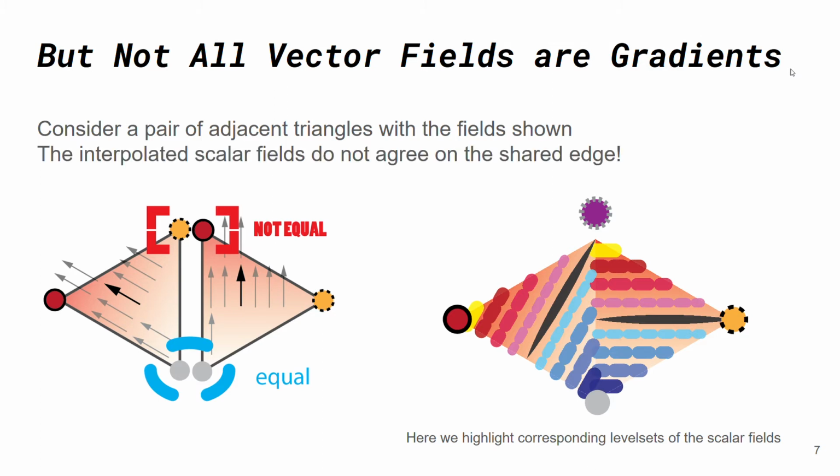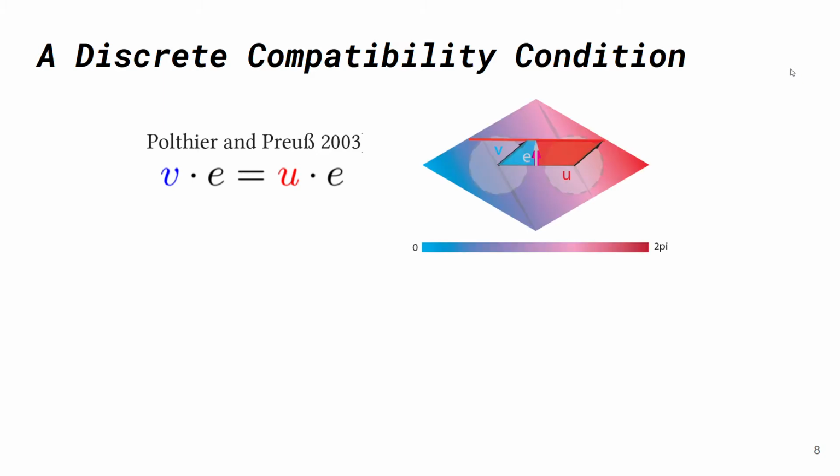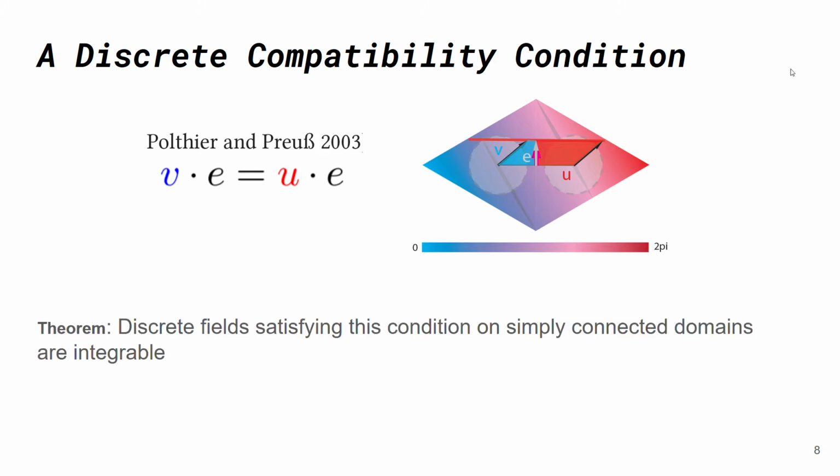So from here you might ask, well, is there some nice characterization of when a vector field is integrable? And it turns out that there is. In 2003, Polthier and Preuss introduced this definition of local vector field integrability, which says that if you have a vector field, here u and v, in order for this field to be integrable, the projections of u and v on the shared triangle edge must agree.